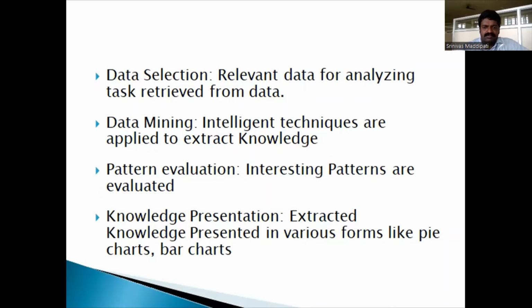Here marks will become the relevant data. I don't want their addresses, phone numbers, or emails. Those will become irrelevant data. We need to select only the relevant data, so the size of the data will be reduced, and hence the time complexity of the algorithm is also reduced.